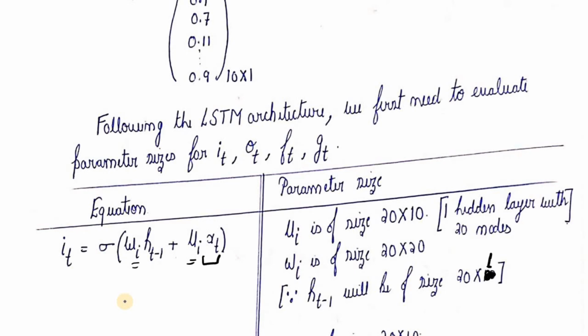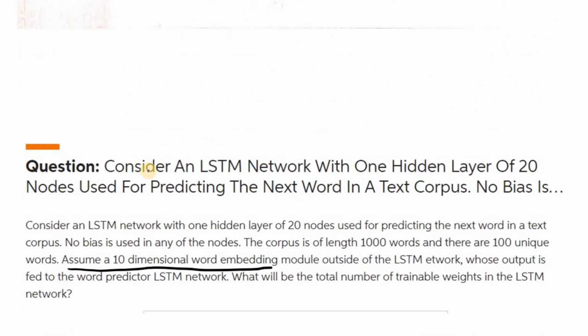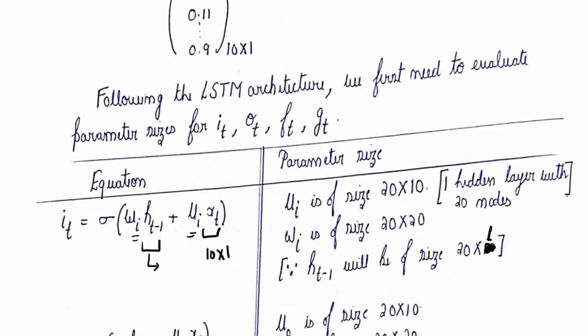We just discovered that xt is of size 10 cross 1, because this is an input vector of embedding size 10. Then we proceed with ht minus 1. ht minus 1 can be found easily from the assumption given in the question, that we have an LSTM network with just one hidden layer of how many nodes? 20 nodes, which means that ht, because there is only one layer, will be 20 cross 1.